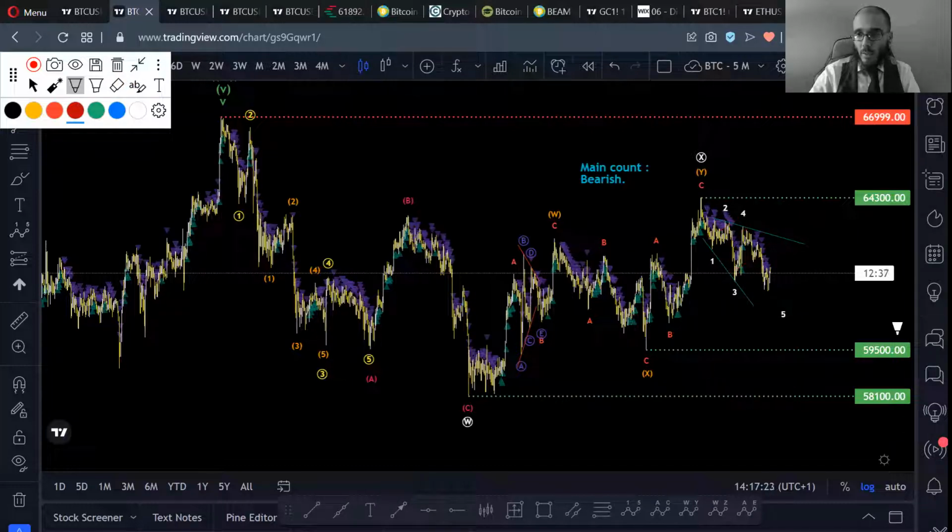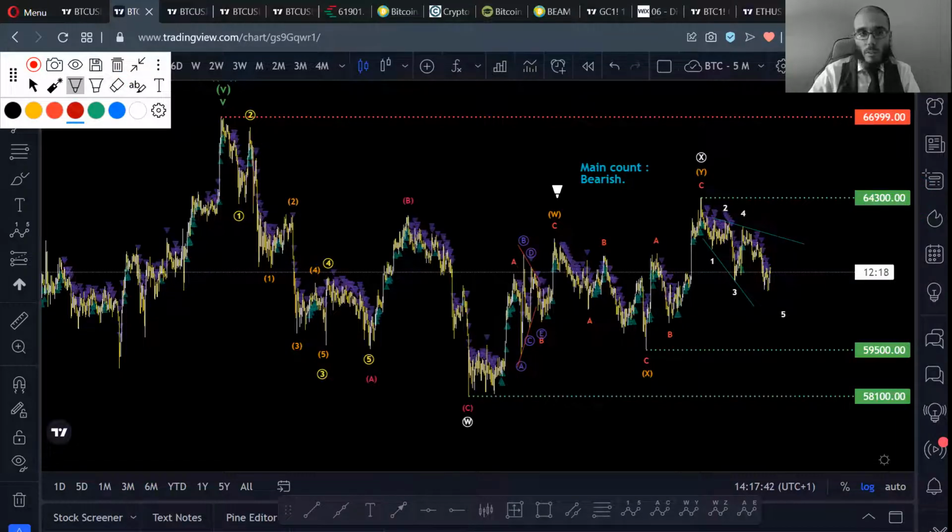And our objective on this time frame is to go below 59,500. And as long as 64,300 holds, this count is likely.